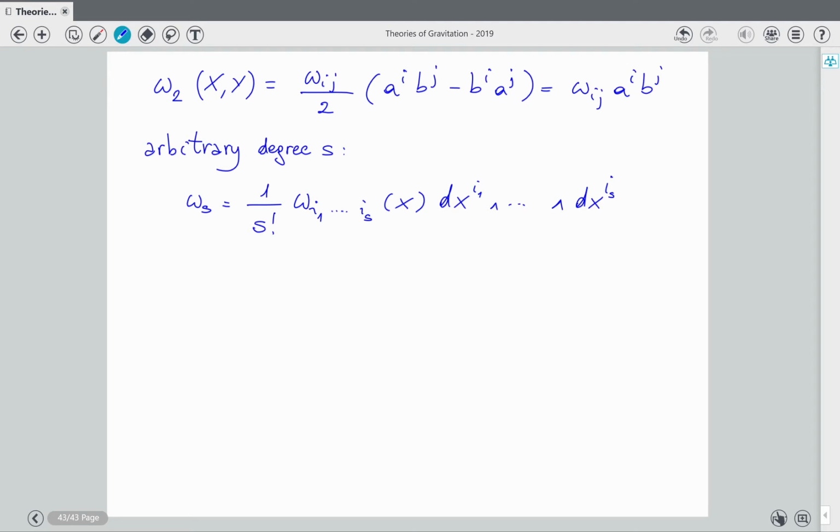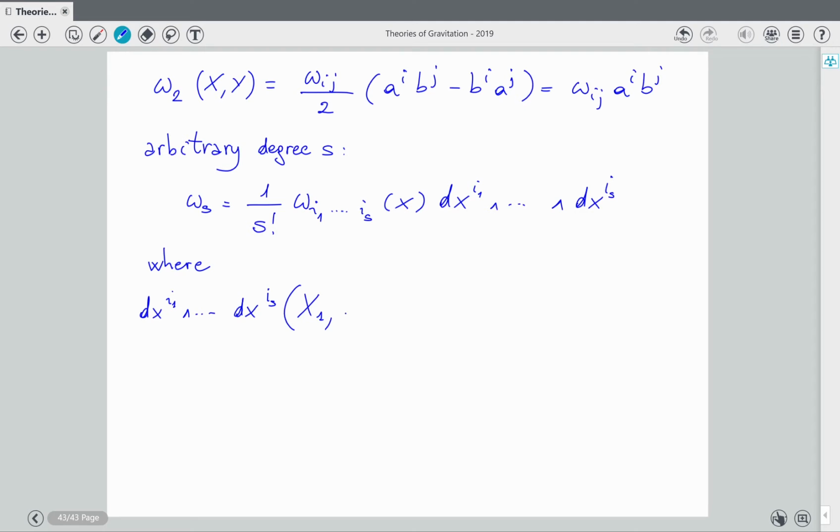where the action of this wedge of differentials, well, the action on what?